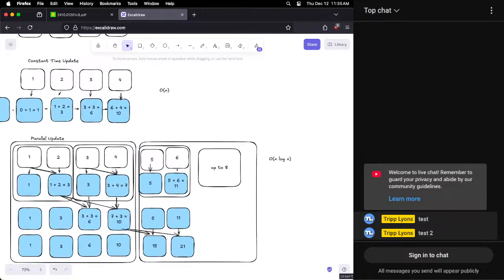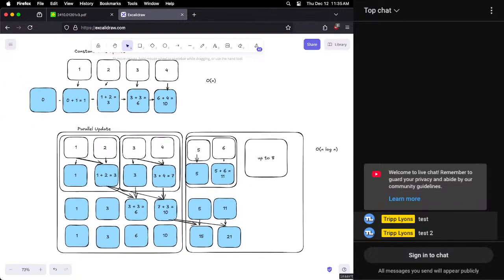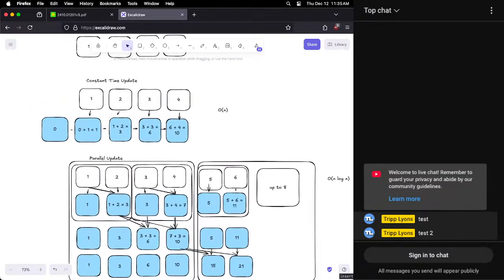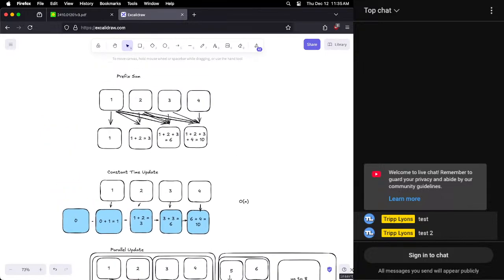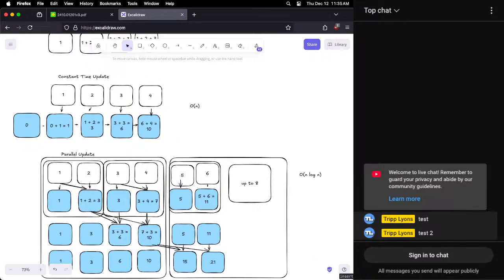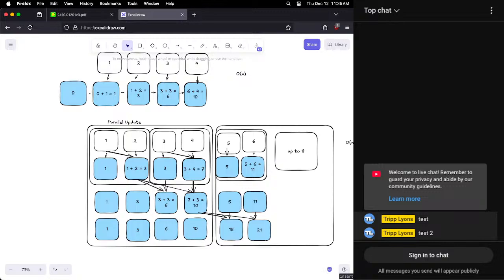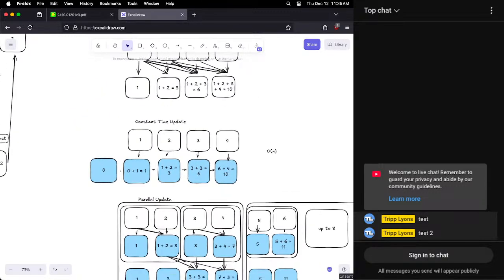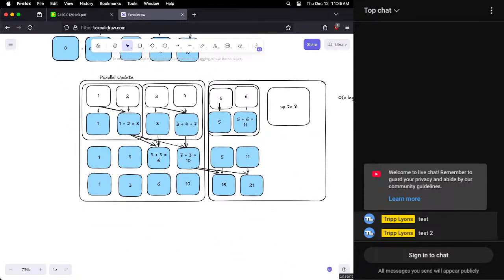Okay. So this is the prefix sum algorithm, and it works with any associative operator. And the associativity is important because we're assuming that you can take all the information and combine it on the left side and update it later with the information on the right side.